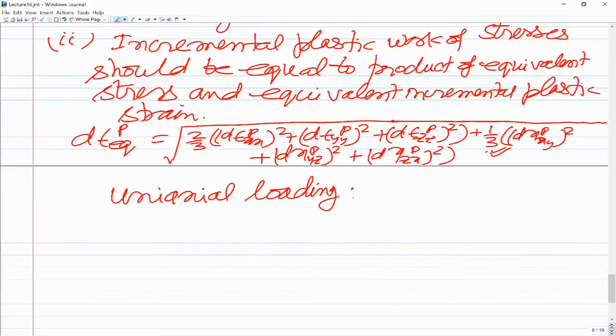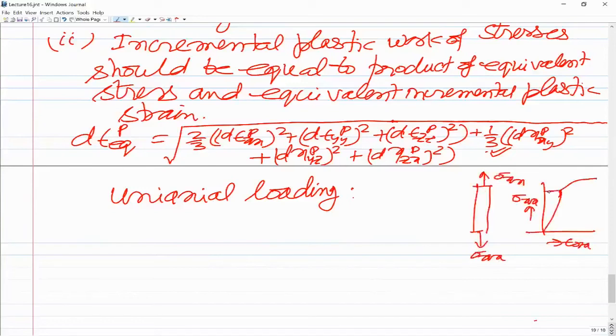Now if you look at the uniaxial loading, it means we do, say, a uniaxial tensile test, so we have sigma xx over here, sigma xx over here, and then we have the uniaxial stress strain curve, sigma xx and epsilon xx. There is initial elastic loading and then elastoplastic loading, and this is happening at sigma y naught initially, and then the stress is increasing.